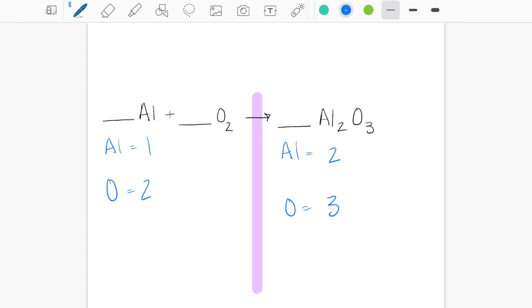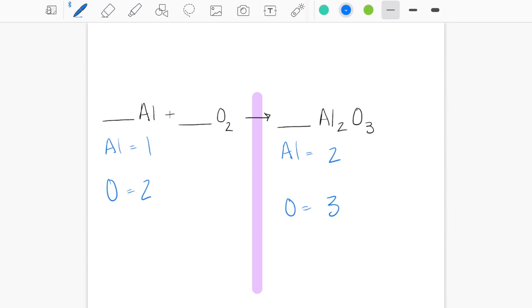If I wanted to increase my aluminum, I would put a 2 here, but I'm actually going to take care of my oxygens first because they're going to be a bit more tricky to deal with. For this, I basically find their lowest common multiple.